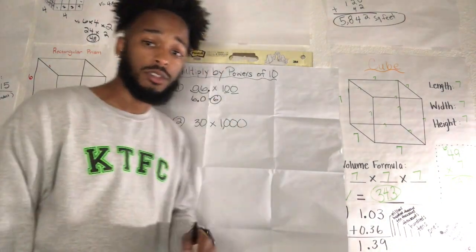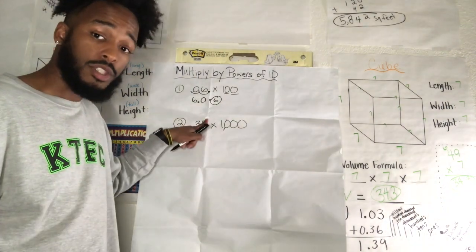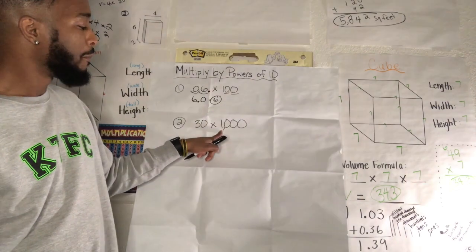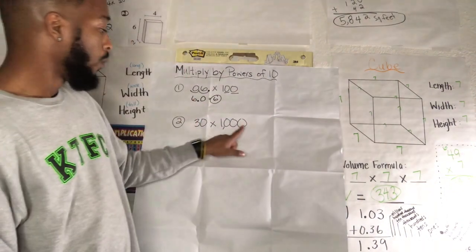Now let's take a look at when we're multiplying a whole number, in this case 30, times a power of 10. If my power of 10 has 3 zeros, what number is this?